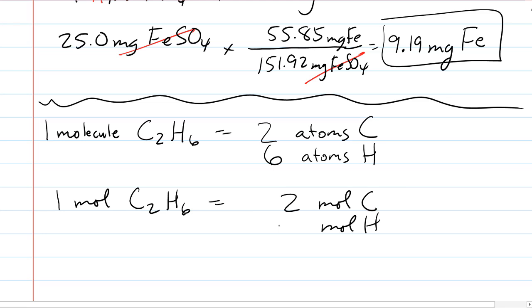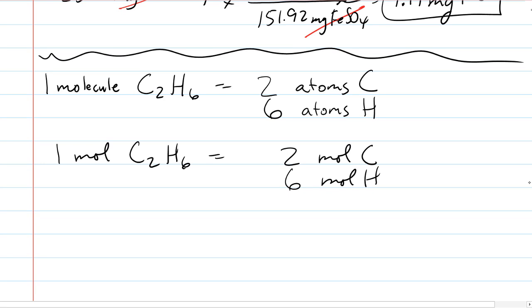How many moles of hydrogen would there be? 6. Exactly. So if 1 molecule contains this many atoms of each one of these, we multiply each one of these by Avogadro's number. And so multiplying them by Avogadro's number, we have the units of moles. So they retain the same.